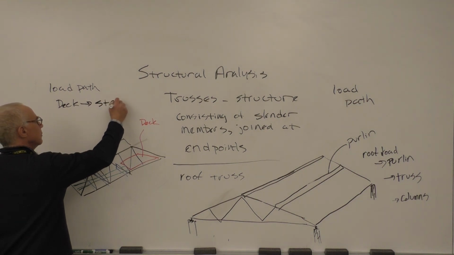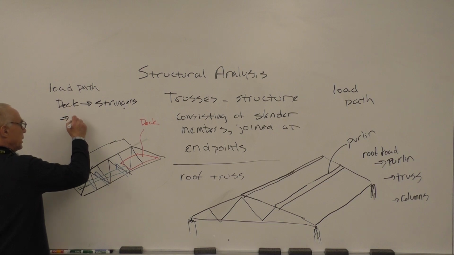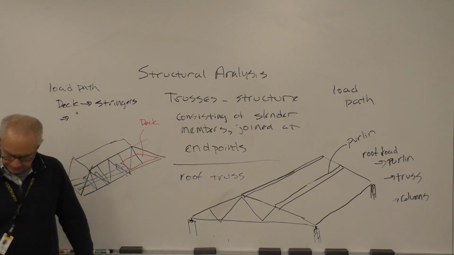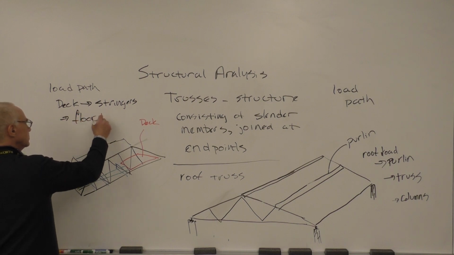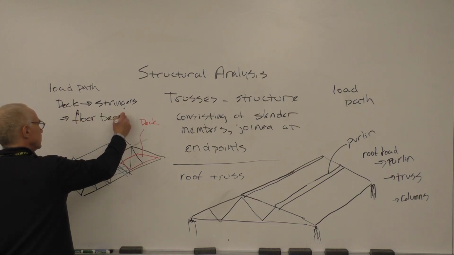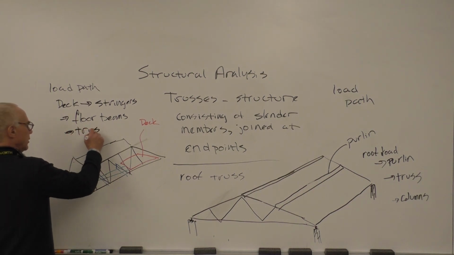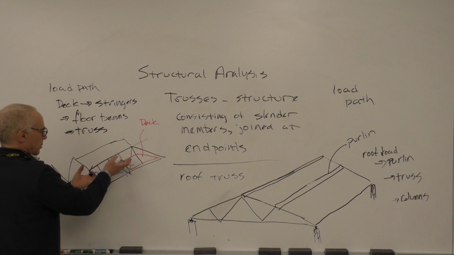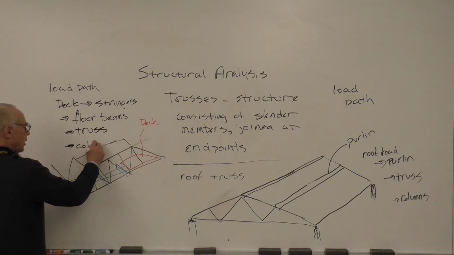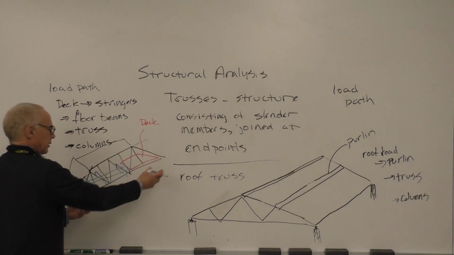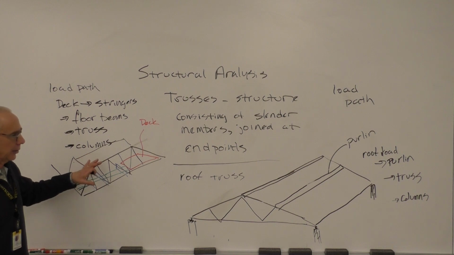Stringers to the beam, what do I call them? Floor beams. To our truss. Obviously the truss is going to support those floor beams, and that goes basically onto the columns, which are supporting on the ends, or the corners. So that's kind of what we're going to be dealing with, trusses.